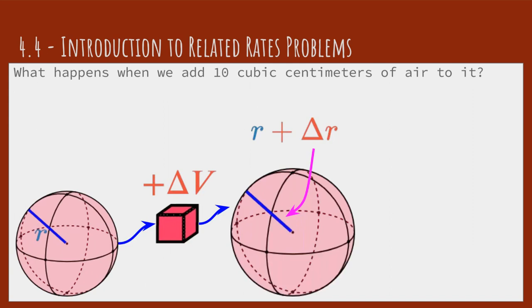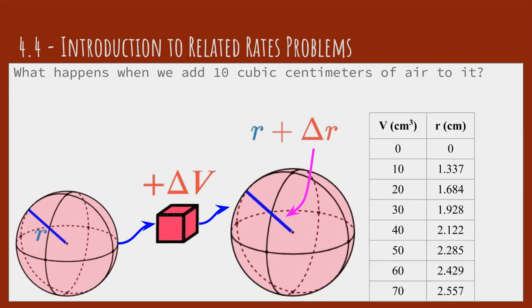Getting back to what I was talking about at the very beginning of the video, these two changes are not going to be proportional to each other because the volume depends on the radius with some formula, so they're not going to be directly proportional. So we're going to be able to use calculus to make some computations here.